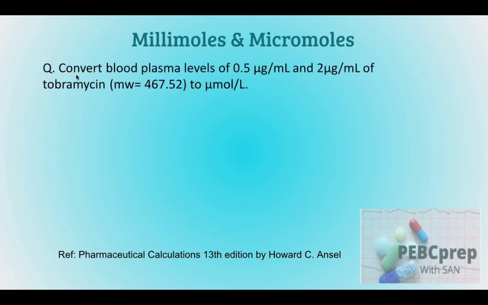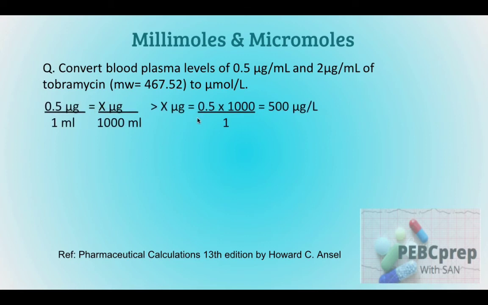Now next question we have, convert blood plasma levels of 0.5 microgram per milliliter and 2 microgram per milliliter of tobramycin, molecular weight 467.2, to micromole per liter.